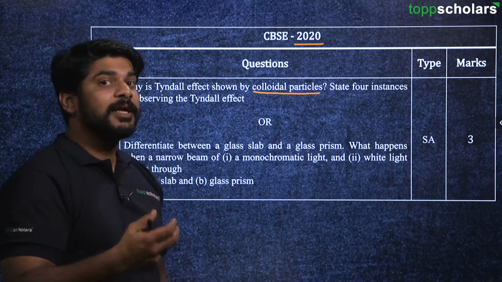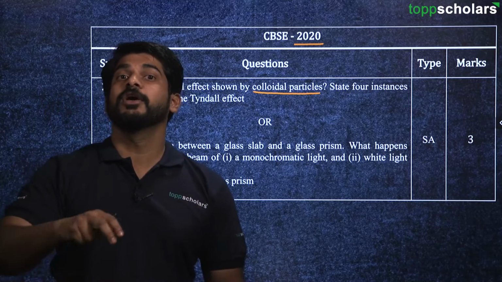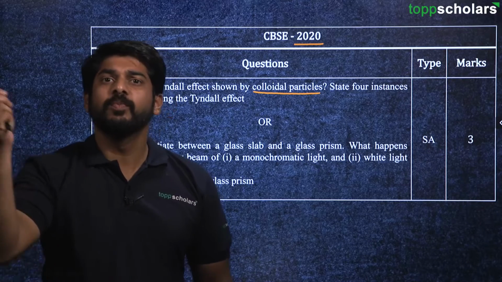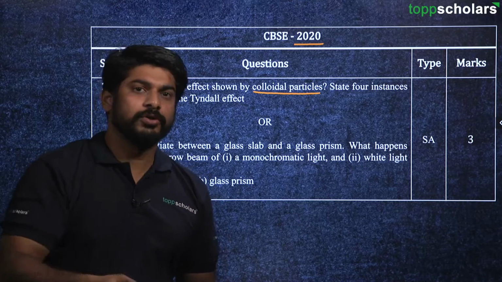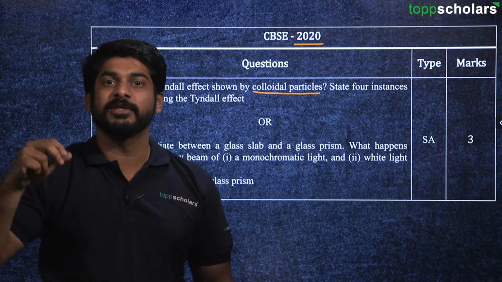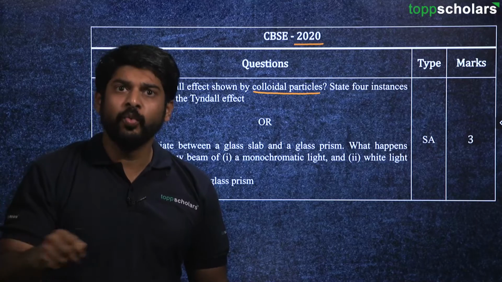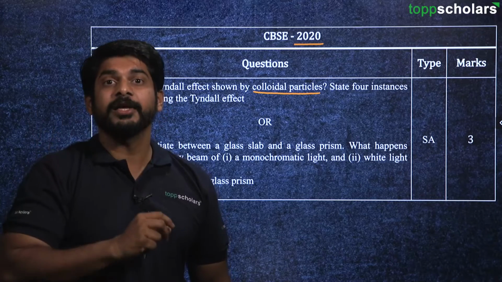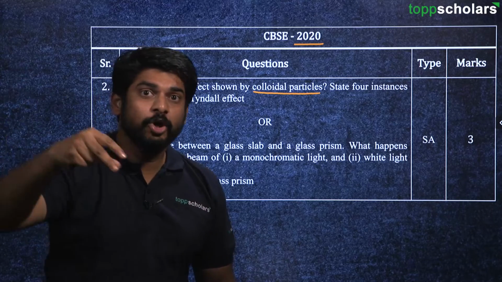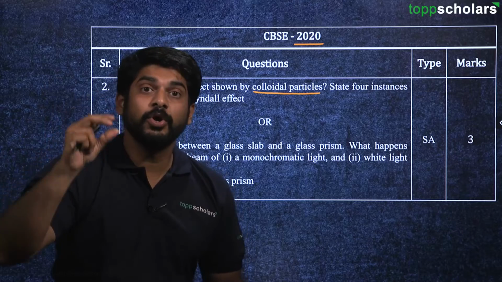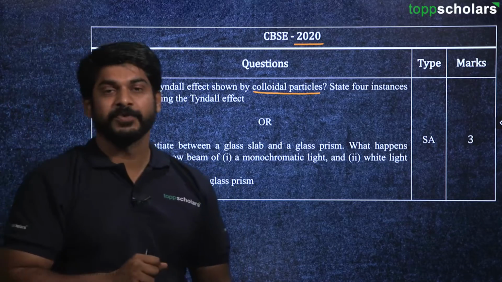Secondly, we can see the Tyndall effect in a room, or a hall, in which there is a small hole in a window or somewhere else, through which sunlight is coming, and sometimes while cleaning the house there is some dust in the air, and we are able to see the path of that incoming light through that hole, just because of this Tyndall effect.